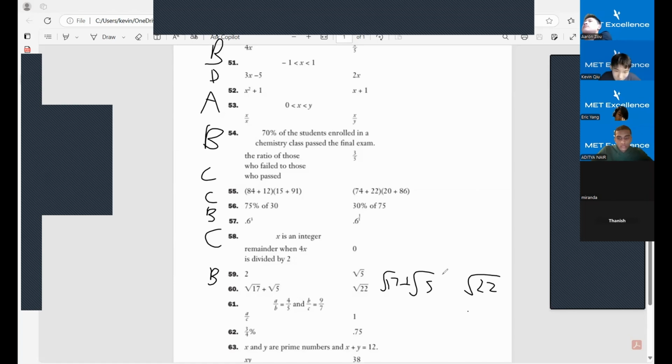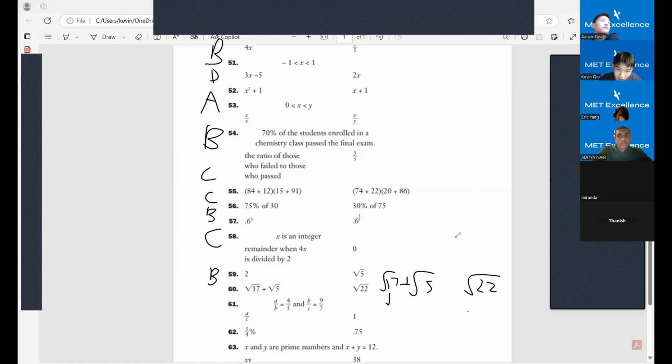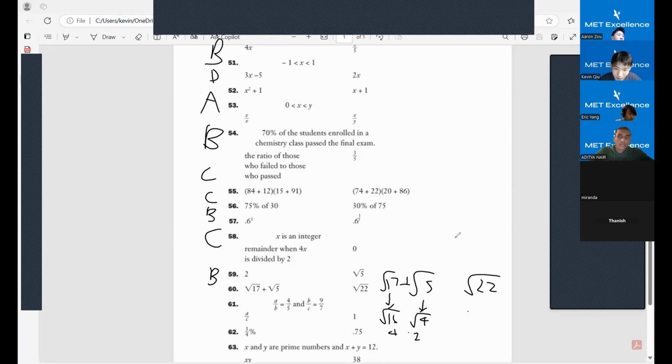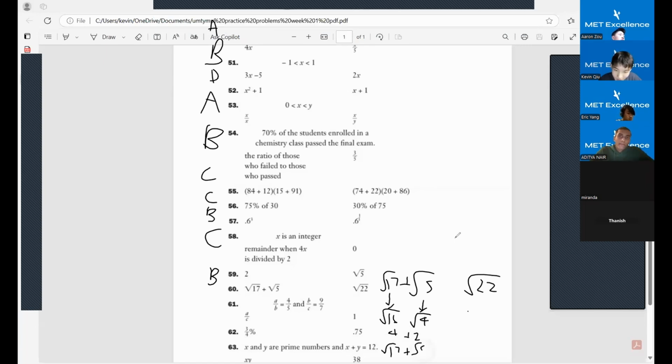So what you can do here is notice that 17 is greater than 16, and the square root of 16 is 4. Additionally, like we did in the last question, 5 is greater than 4, and the square root of 4 is 2. So the square root of 17 plus the square root of 5 is greater than 4 plus 2, which is 6.